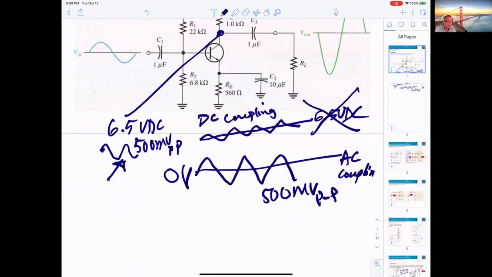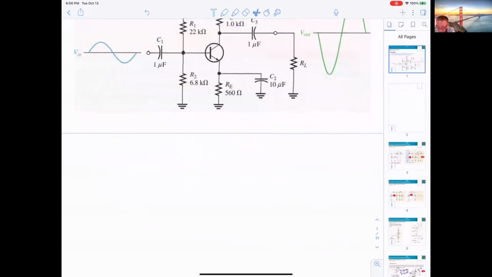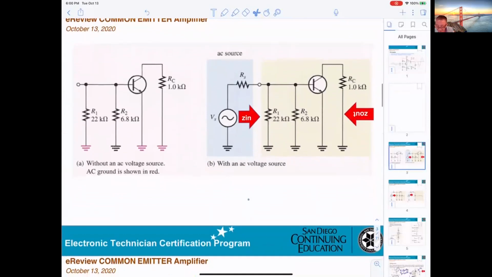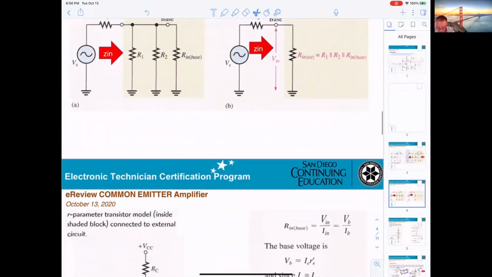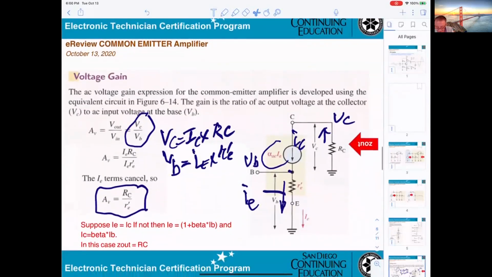That's a key point for engineers and technicians. They must understand that. Otherwise, you cannot measure the signal. Okay. Once again here, we are already done.